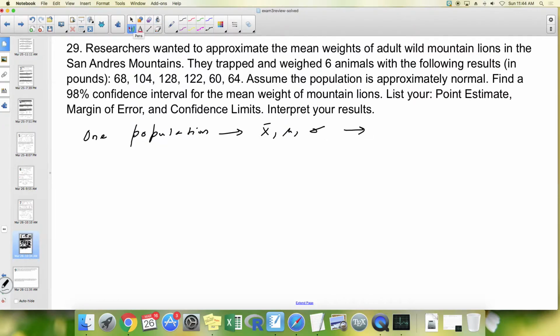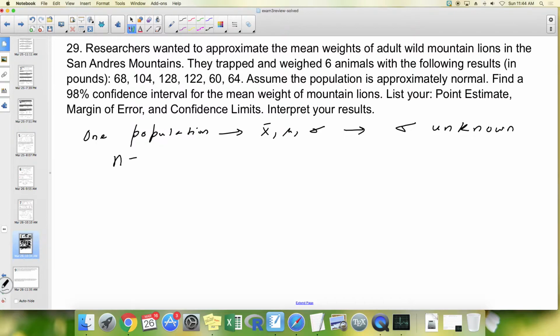Next, is the value of sigma known or unknown? So here, if you read through this problem, sigma is not known. So sigma unknown. So we know that. By the way, what's known here?